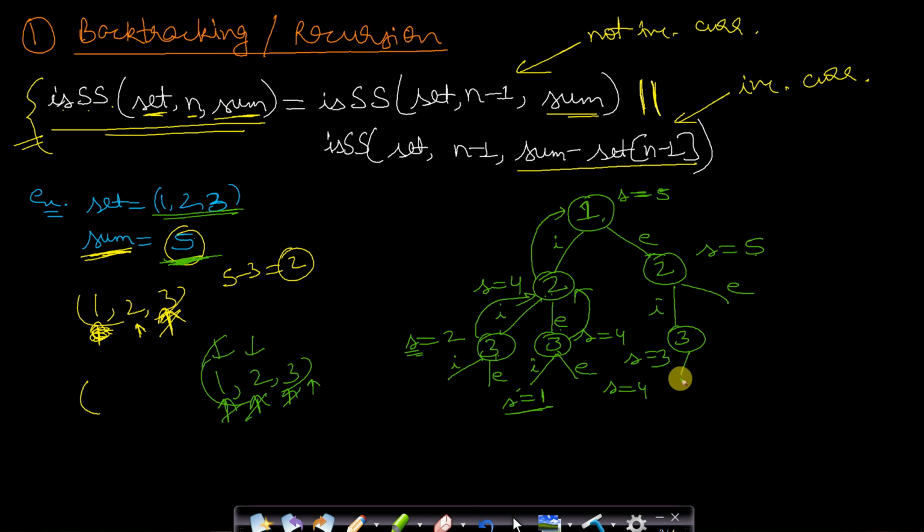After coming to this next element, it will have two options, whether to include it or to exclude it. Let us say I have included it. When I include this 3, then the sum value will be equal to 3 minus 3, which will be equal to 0. And as soon as the sum value is equal to 0, we have found a subset whose sum adds up to the given sum value.